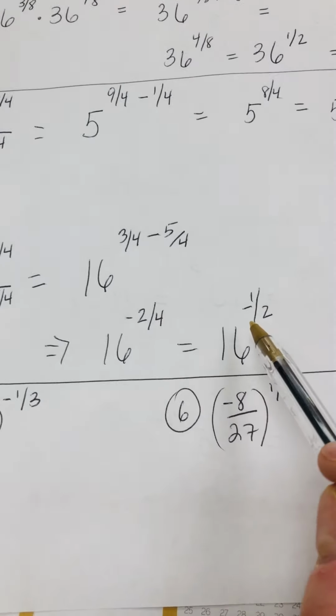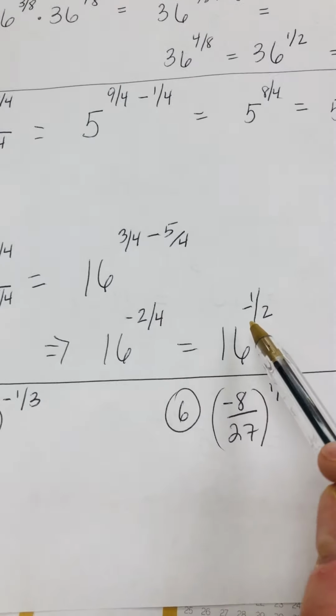Okay, one more. Remember, my exponent is negative here. So I'm going to write this as 1/8 to the positive 1/3. Everybody see that? In order to make this positive, I just put it into the denominator.